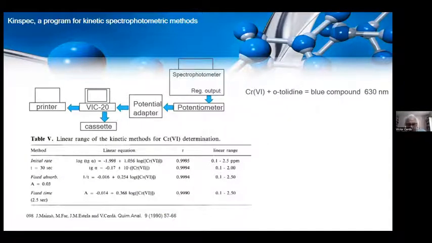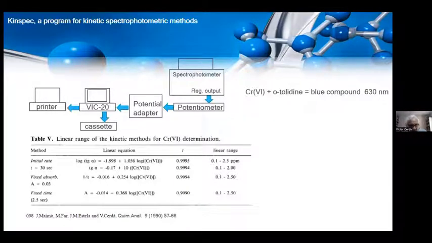Here, for example, we have a manual method to measure the concentration of chrome in solutions. Chrome 6 is able to oxidize orthotoluidine, giving a blue compound, which can be measured at 330 nanometers.